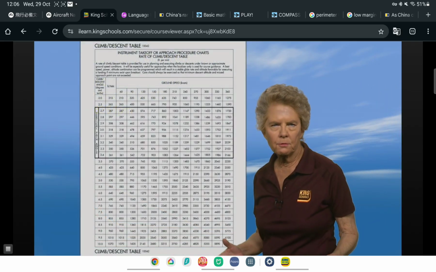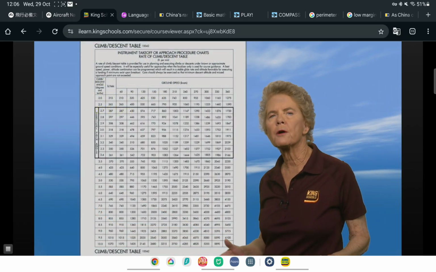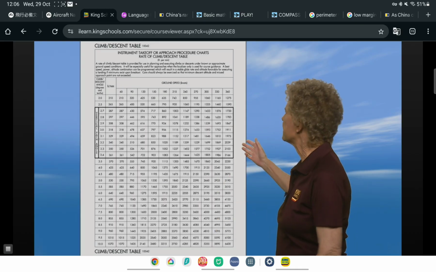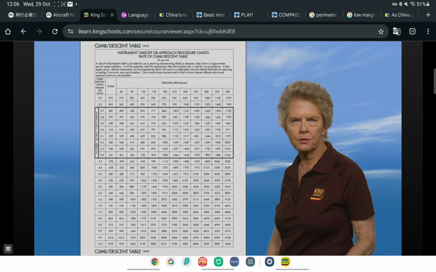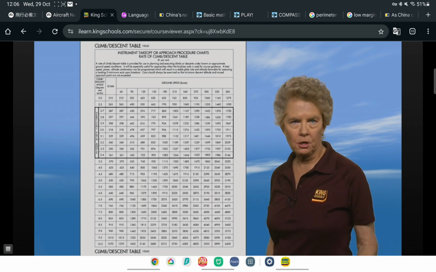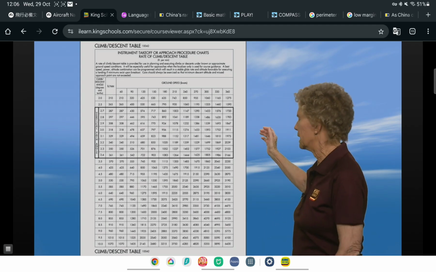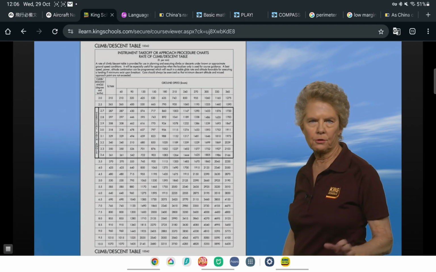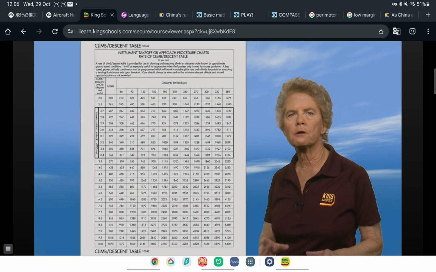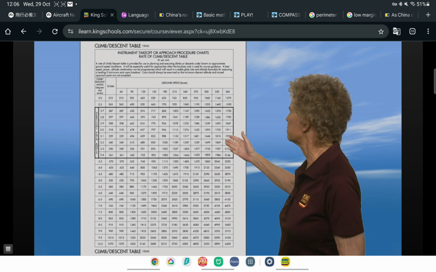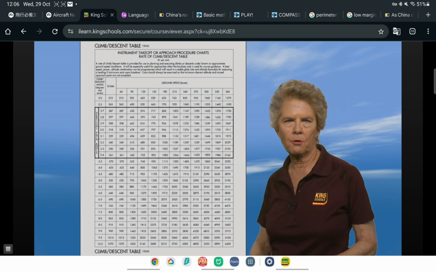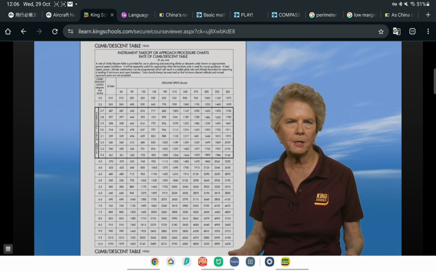Now there's another way to figure out your required rate of climb, and that's with a handy table from the FAA. If you look in the U.S. Terminal Procedures publication, you'll find a rate of climb and descent table. If you know your ground speed and the required climb gradient in feet per nautical mile, then this table will tell you what the climb rate in feet per minute has to be.